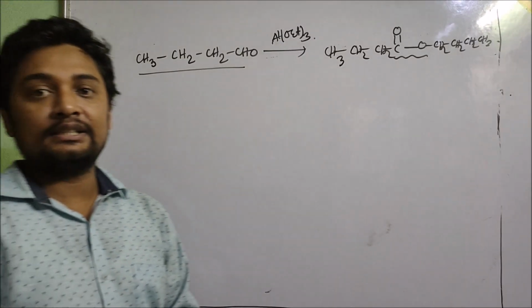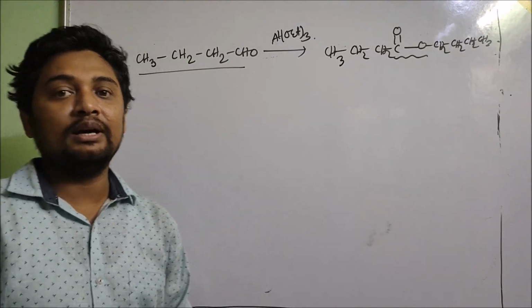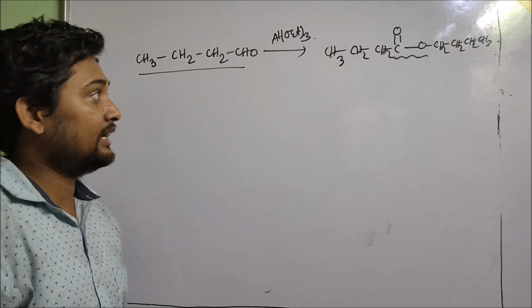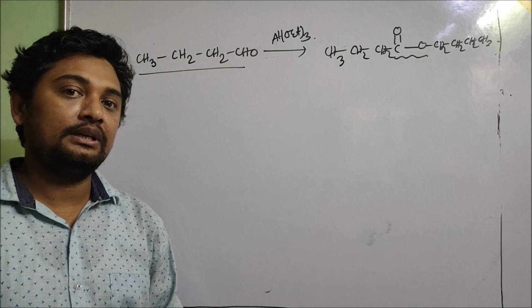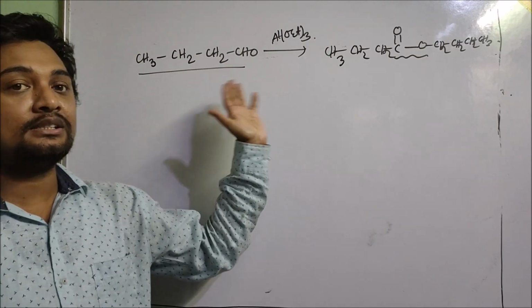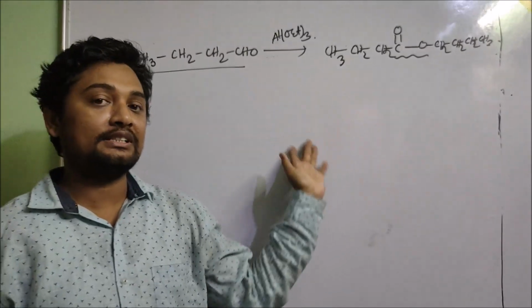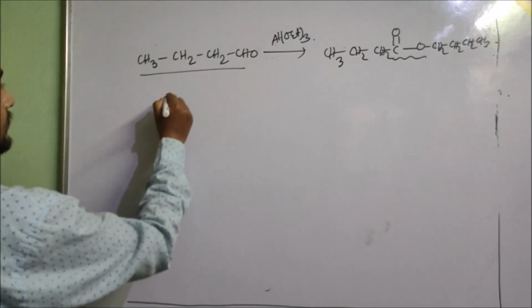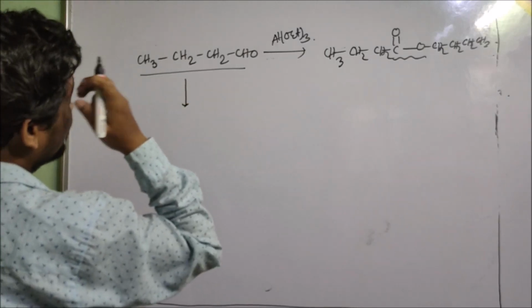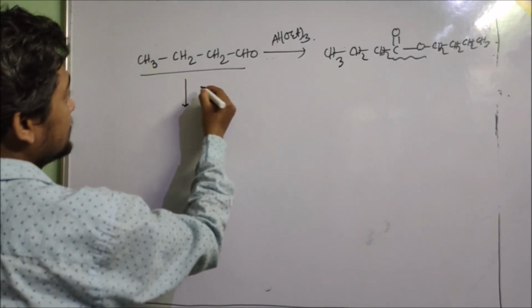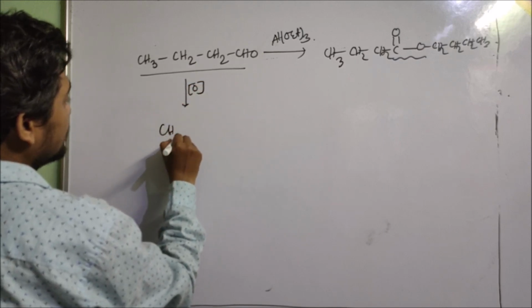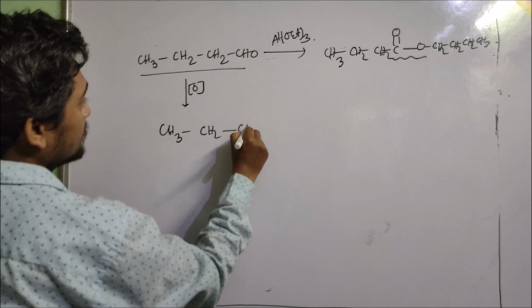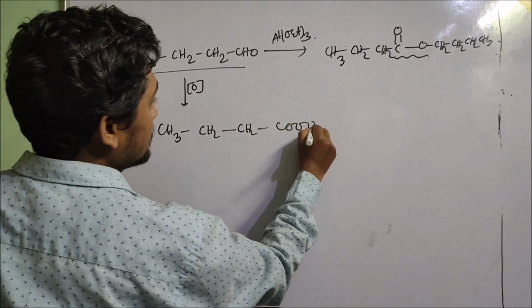So this is the reaction by which we can convert an aldehyde to the corresponding ester in one step. We can do this reaction in several steps in other ways. Like we can convert it into the corresponding acid. We can oxidize it and it will convert into CH3CH2COOH.